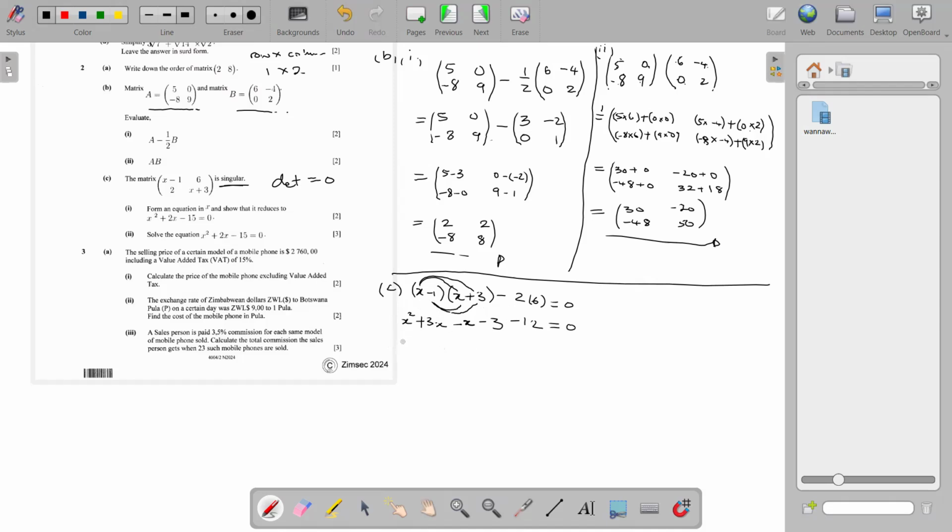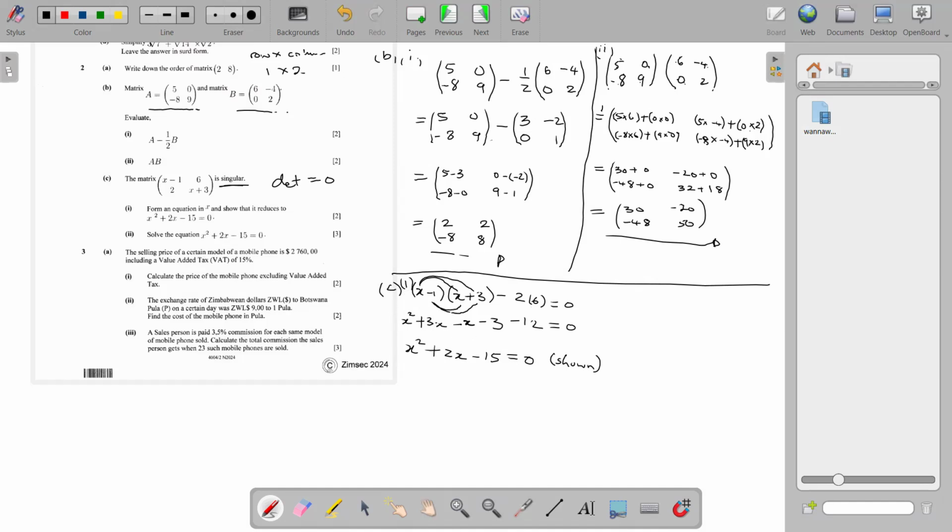So when we simplify, we are going to have x squared plus 3x minus x gives us plus 2x, minus 3 minus 12, which is minus 15, is equal to 0. So here the equation is shown.